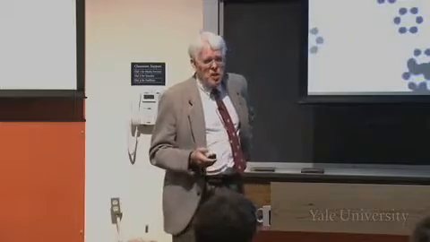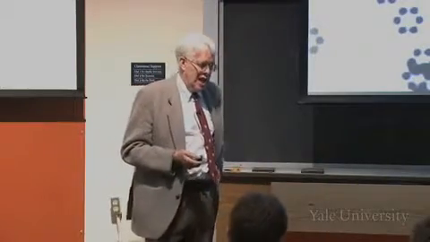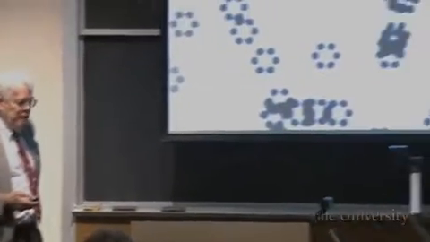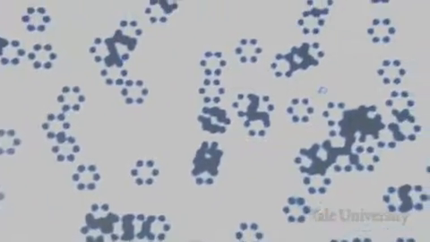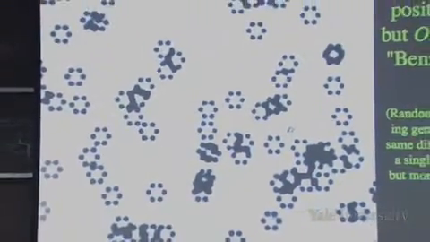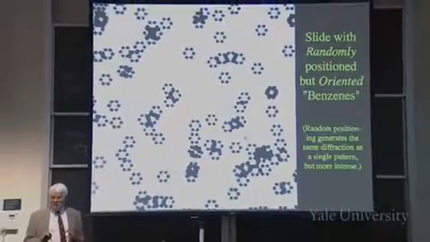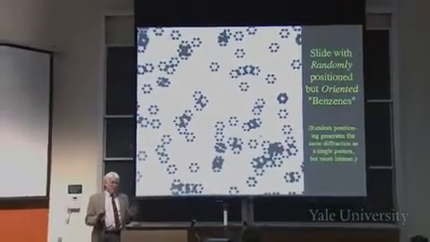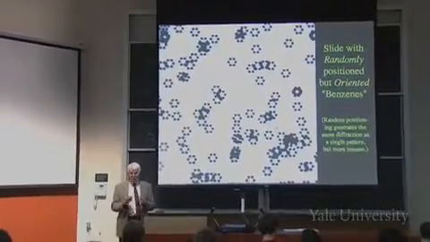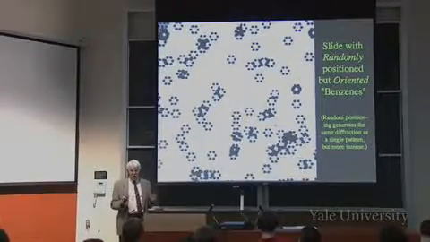So the first slide we showed, or the third slide actually that we showed last time, was made of a bunch of these things we call benzenes, that's collections of 6 dots. And they're all oriented the same way. That's not very reasonable, except when they get regular in a crystal, which is where we're going.